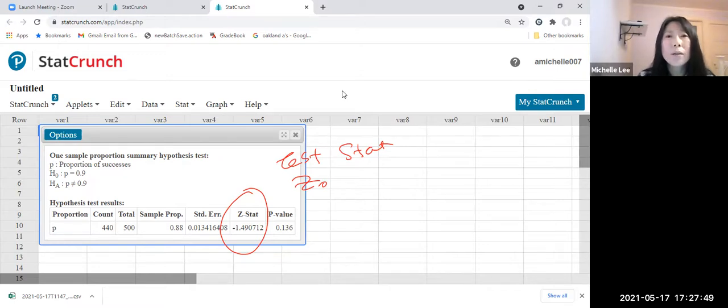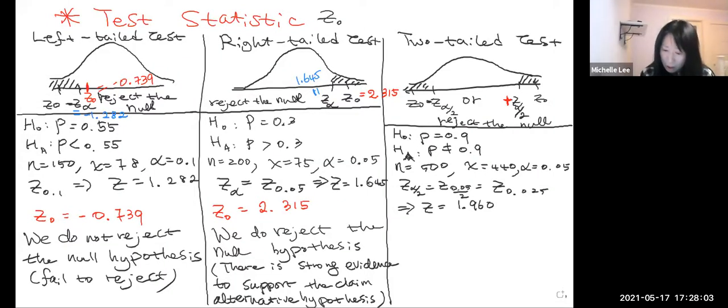So Z naught is negative 1.491. Since Z naught is negative, we're going to compare with the negative. Let's make this negative as well.